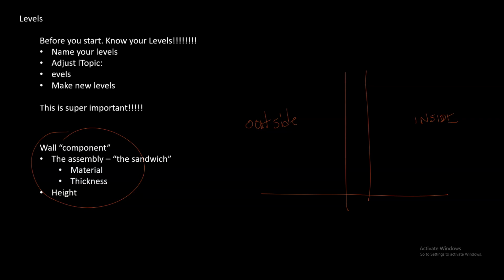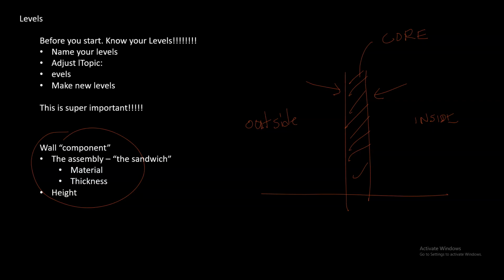Usually, if we're talking about residential houses, walls are made up of 2x4 or 2x6 studs. So you'll have the stud here, and we call the actual structural part of the wall the core, or at least Revit calls it core. And then you have things that you attach to the wall on the inside and the outside.